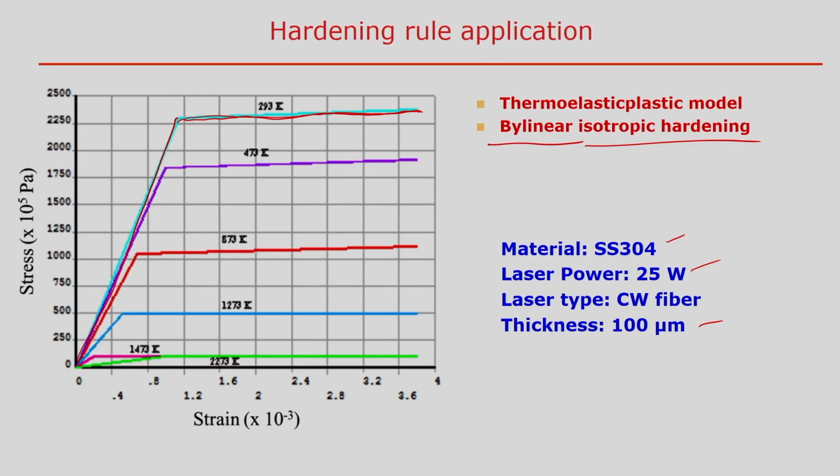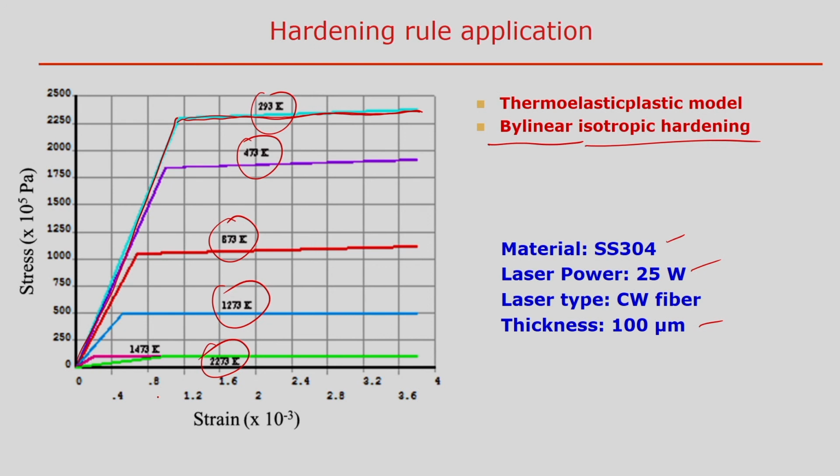Then in that case we can say bilinear hardening. We can see that as a function of temperature: 293 Kelvin room temperature, this is the curve, and at higher temperatures this value actually changes in magnitude, and for any intermediate temperature the data is simply interpolated from this stress strain diagram.